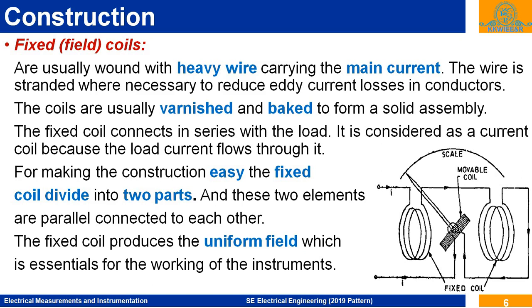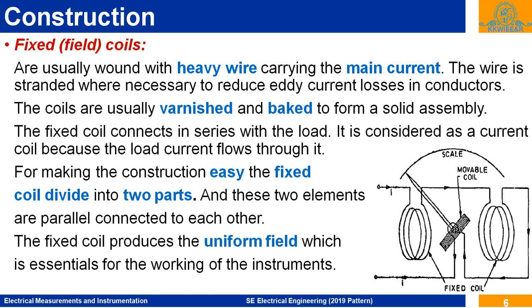During the working, the fixed coils are wound with heavy wire. This wire is stranded or laminated, especially when carrying heavy current, in order to avoid eddy current loss in the conductor.